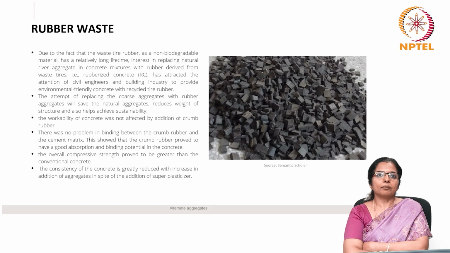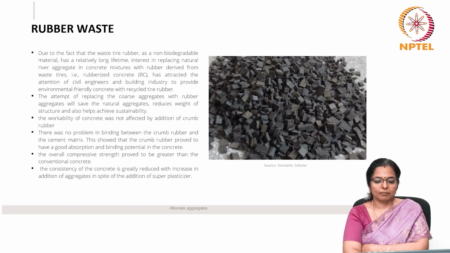Now let us look at use of rubber waste. Due to the fact that waste tire rubber, as a non-biodegradable material, has a relatively long lifetime, there is great interest in replacing natural river aggregate in concrete mixes with rubber derived from waste tires, that is rubberized concrete.